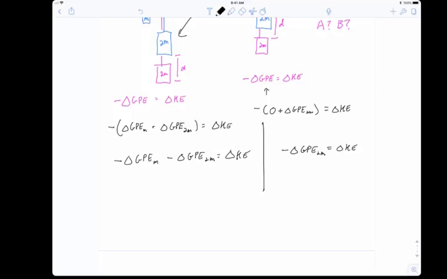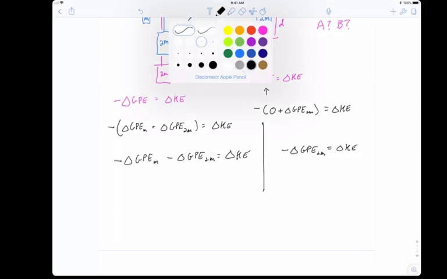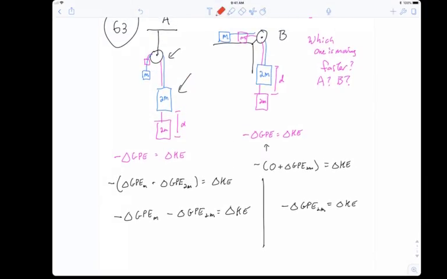So which one's bigger? I'm setting the question up in this way because I want to point something out here. The kinetic energy is, of course, distributed through both of the objects. But here's the fun thing. See this one? It's going to be the same number as it is over here, because this second mass is moving the same distance, right?